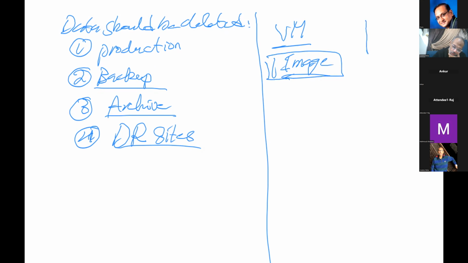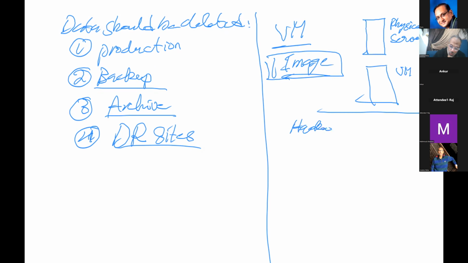I have a physical server here, and I have a VM here. Suppose that I am a hacker and I want to infect the physical server by malicious software. Which is easier, to infect the VM or the physical server with the malicious software, and why? Obviously, you can infect the VM easier than the physical server. Why?